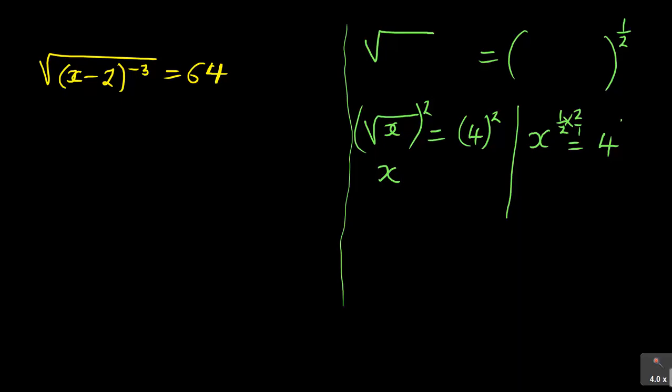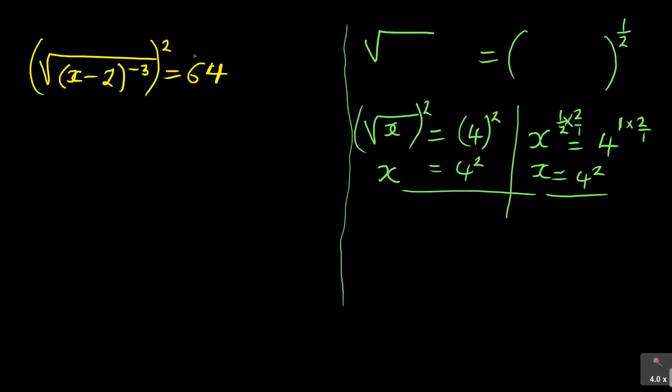What I do on the left, I do on the right. 4 to the power 1, because there is a default one there, times 2 over 1. So whatever case, it will still become x is equal to 4 squared. So that is what you need to know. So what I'm going to do here, as I said, there are two ways. I can approach it by squaring both sides to get rid of the square root.